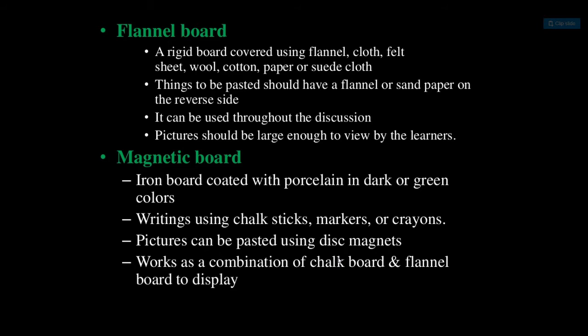Then magnetic board, iron board coated with porcelain. Porcelain is a kind of polish in dark or green colors. Writings using chalk sticks, markers or crayons. Pictures can be pasted using disc magnets, then it works as a combination of chalkboard and flannel board to display.